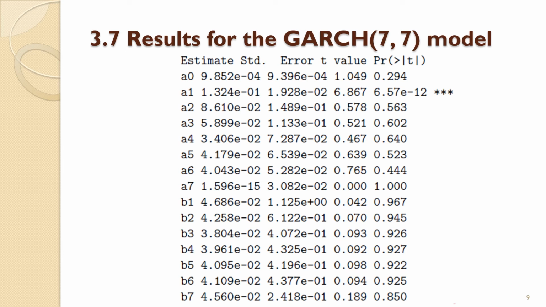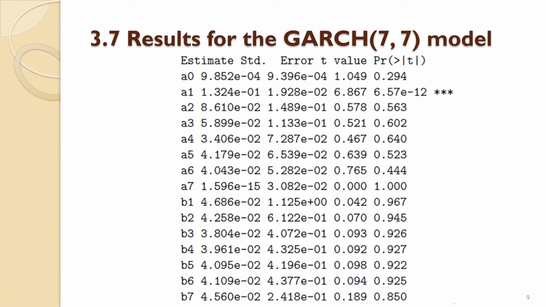So if you look at A1, this is significant precisely because the p-value is less than 0.05. Again, it's in the table of t-statistics to show you, the reader, that this is significant. And what we have here then is some evidence of the ARCH effect precisely because this A1 term is significant.